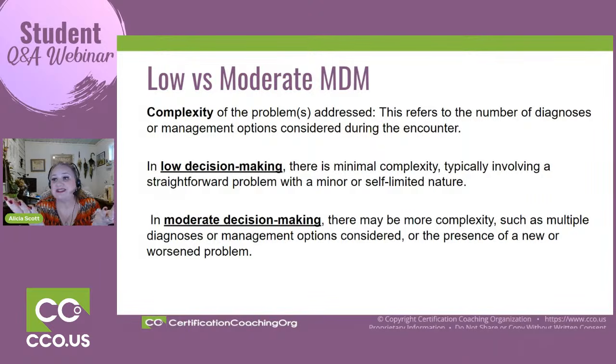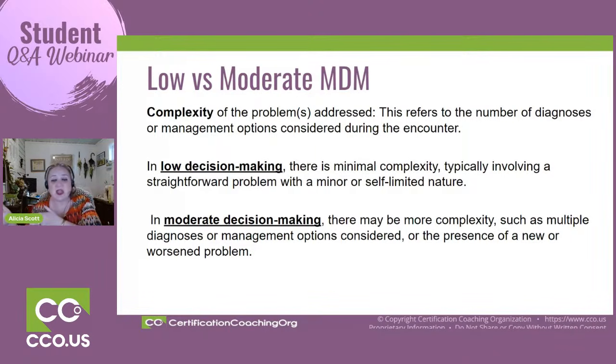What if the patient is not able to take a multitude of antibiotics? There are only a few antibiotics that the patient's not allergic to, and the ones they're allergic to are the best antibiotics to treat a skin infection. So then the medical decision making just got bumped up even more.